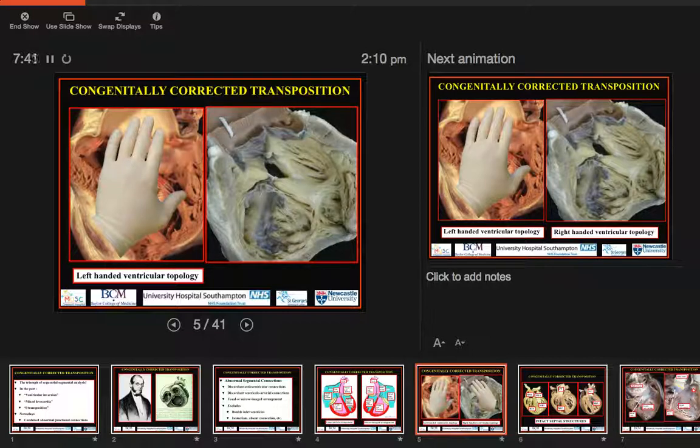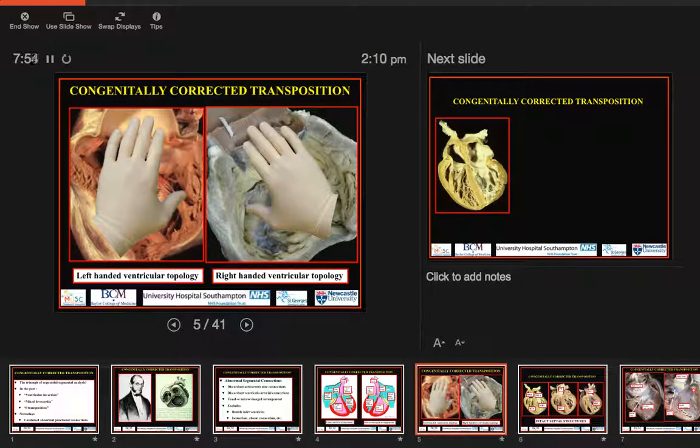But when congenitally corrected transposition coexists with mirror-imaged atrial arrangement, then the ventricular mass is as we expect it to be. So as you see here, it is then the right hand that goes into the discordant morphologically right ventricle, thumb in the tricuspid valve, fingers in the outlet.